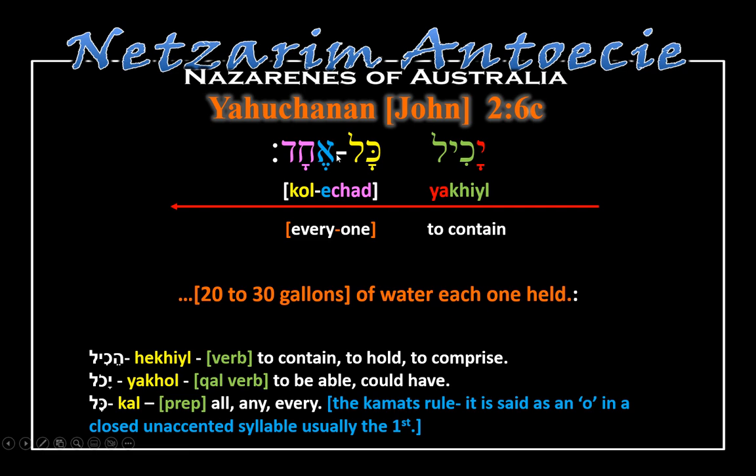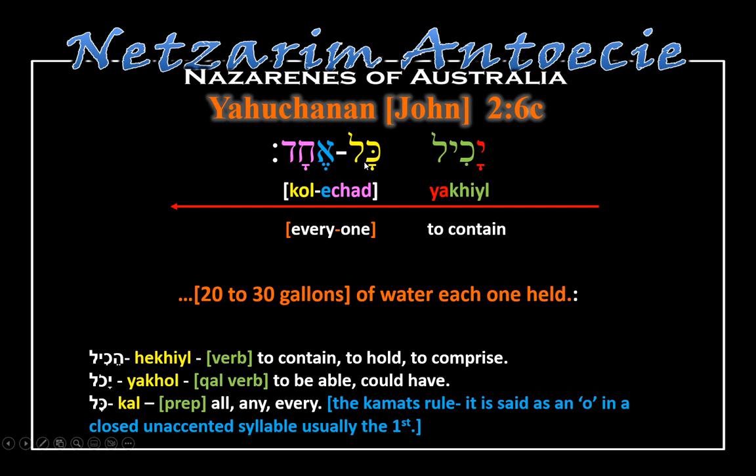Kol, and that could be every. Why is it every? Because echad means one, every one, rather than kol, which can also mean all. Now, why have I said kol? Well, down here I've explained it. Kol is a prep, all, any, every. The kamatz rule is it is said as an O in a closed, unaccented syllable, usually the first.